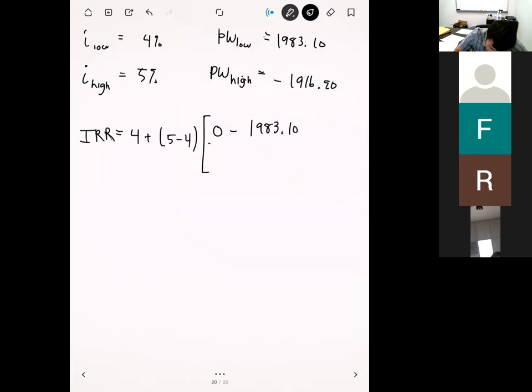On the denominator, we have our PW high, which is minus 1916.90, minus PW low, which is 1983.10. You plug all that into the calculator, and what you get is an interest rate of 4.51%.